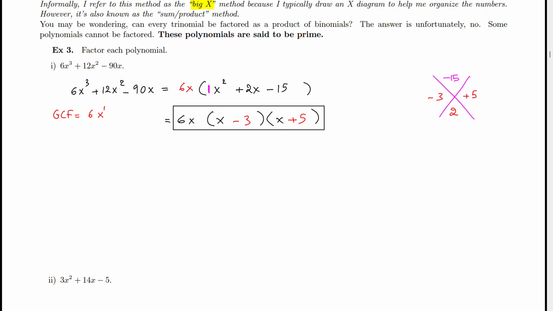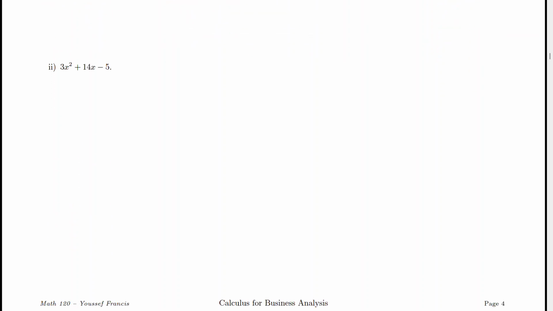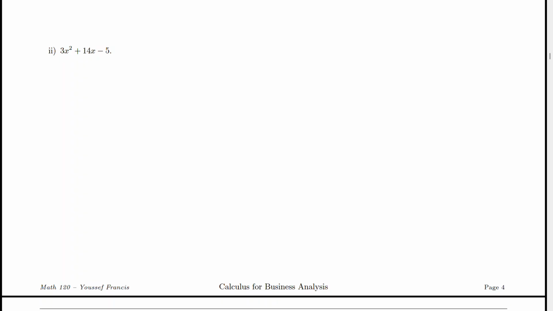And this is the end. Now, if the number is not 1 in front of the x squared, there will be some intermediate steps in between these two lines. We would have to do extra work, and that's what we're going to demonstrate in the next part of this problem, where we have the 3x squared plus 14x minus 15.